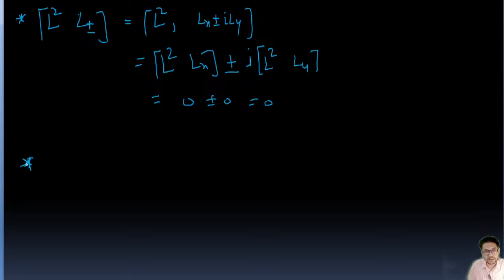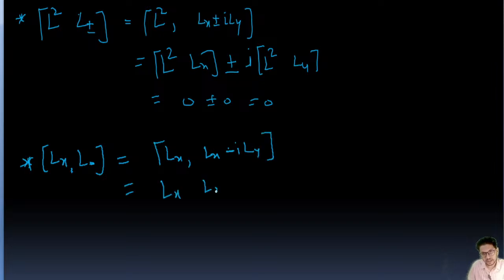Next, these are very simple commutation properties we are solving. Lx with L minus. So this is going to be Lx with L minus, and L minus is Lx minus iota Ly. So we'll write commutation of Lx with Lx, and then minus iota will take outside, and this is commutation of Lx with Ly.